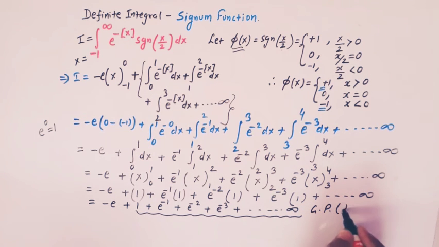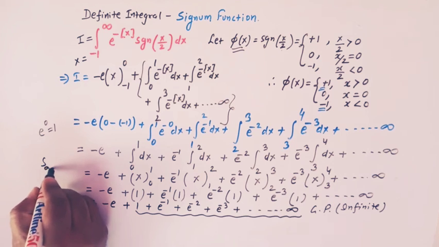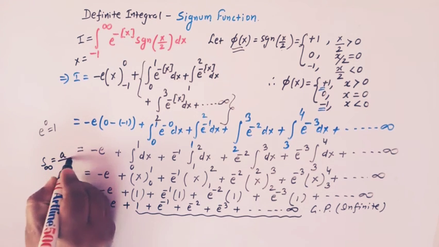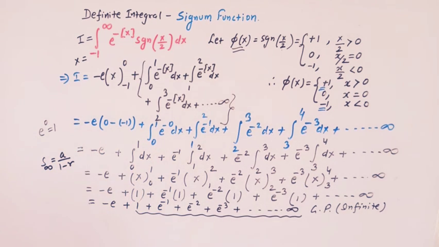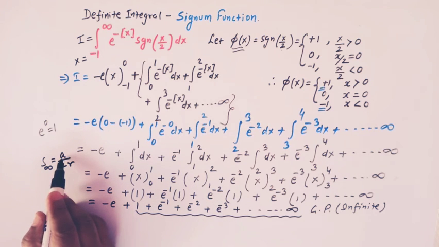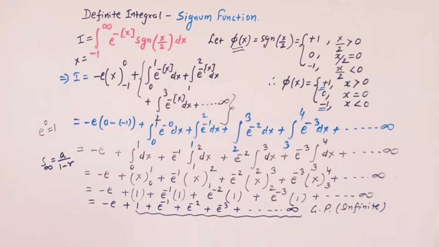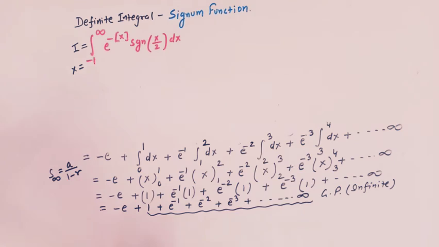An infinite geometric progression, and we know the sum of an infinite geometric progression as S infinity is equal to a over 1 minus r, where a is the first term and r is the common ratio.